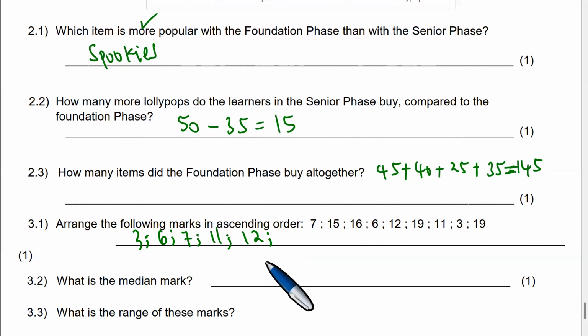After 12 is what? 15. After 15 is what? 16. After 16 is what? 19. After 19 is what? So there's another 19. Please come again. 19 again.